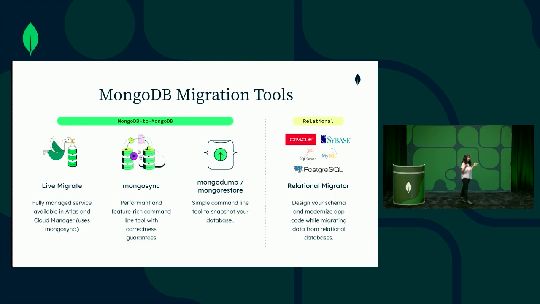Mongomirror, the binary that powers Live Migrate, that is feature-rich, that is performant, that gives you all of the options so you can use it yourself and orchestrate it yourself the way you like. And then the mongodump and mongorestore tools that have been there for years now. These are the tools that are helpful for offline migration, so we'll give you a little bit of introduction on those as well. And then we'll talk a little bit about the people and the process.